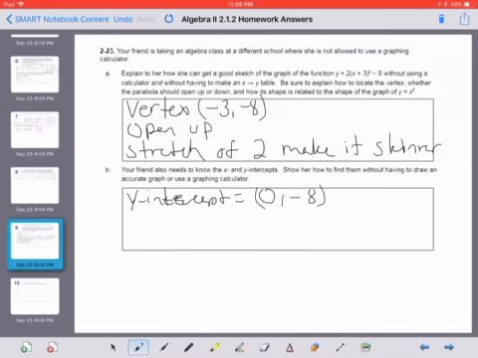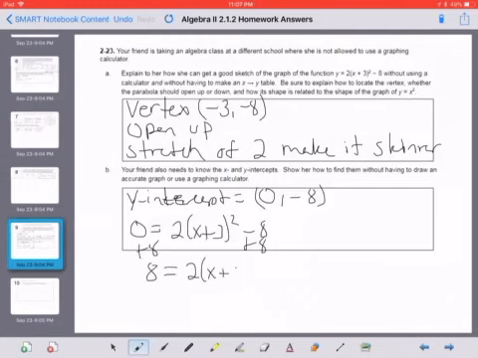And to find the x-intercepts, we just set y equal to 0. So we would do 0 equals 2 times (x plus 3) squared minus 8. So we'd add 8 to both sides. So we get 8 equals 2 times (x plus 3) squared, divide by 2.